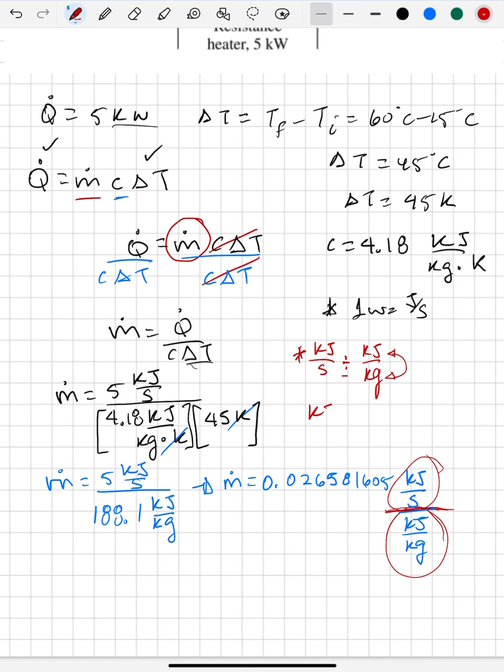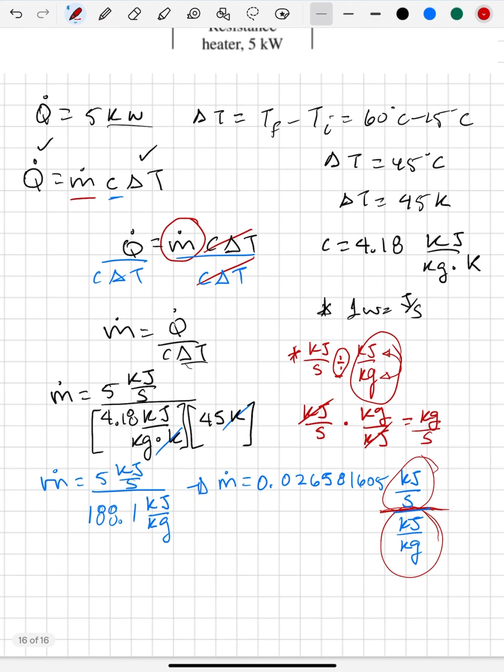So kilojoules per second times, again I change this into multiplication, and then I flip this fraction, I do the reciprocal. So kilograms divided by kilojoules. Now the kilojoules cancel out, and I end up with kilograms per second.